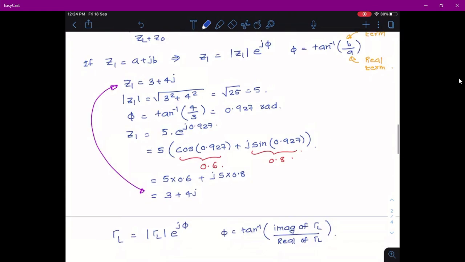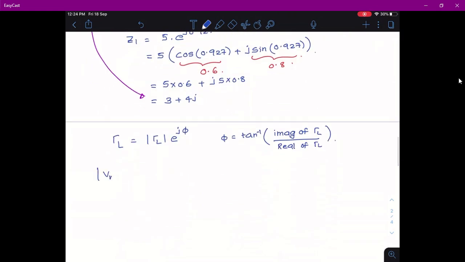So, I can write now mod V max is equal to mod V0 plus, or I say mod as magnitude, multiplied by 1 plus the magnitude of tau L e raised to j phi into e raised to minus 2j beta L dash.